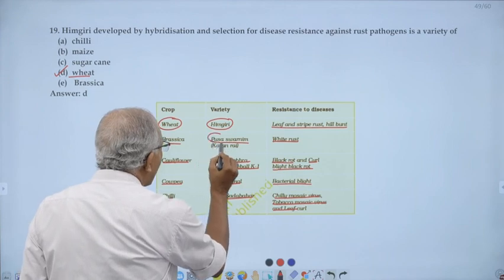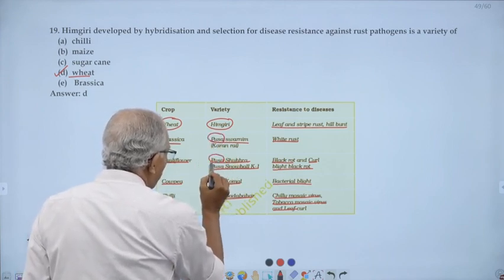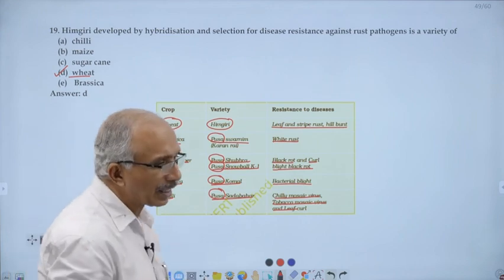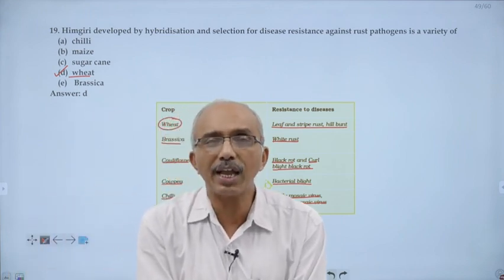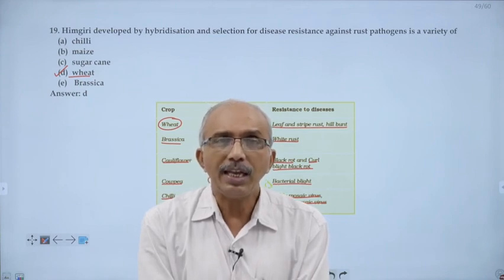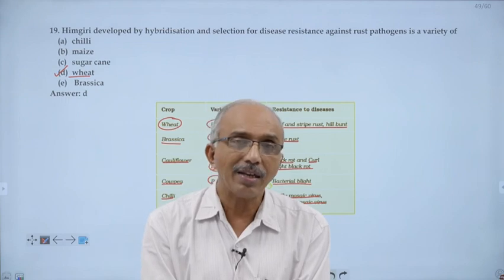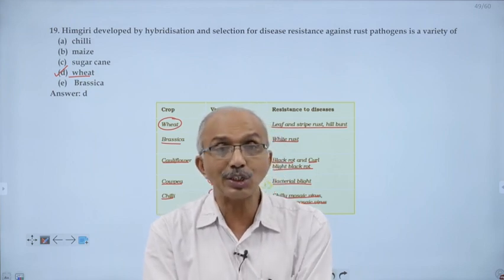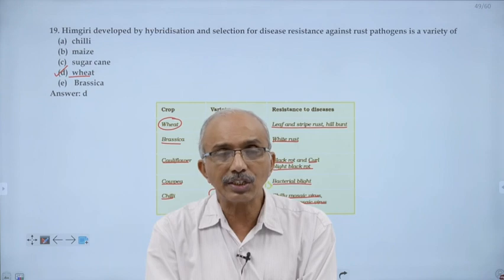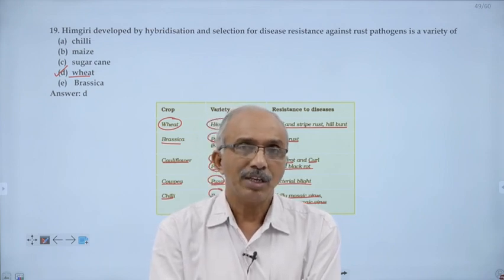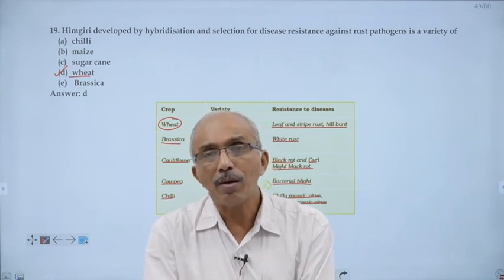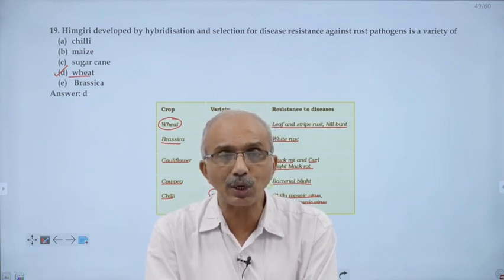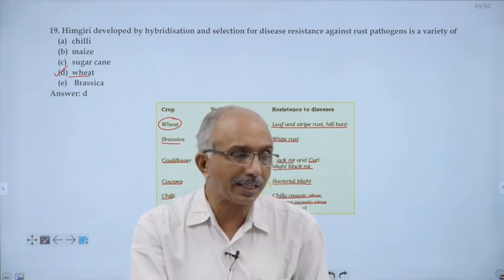So you can see the prefix Pusa in many cultivated varieties of many cultivated crops. What does this Pusa indicate? Pusa is the name of a place near Delhi where the headquarters of the Indian Agricultural Research Institute is located.